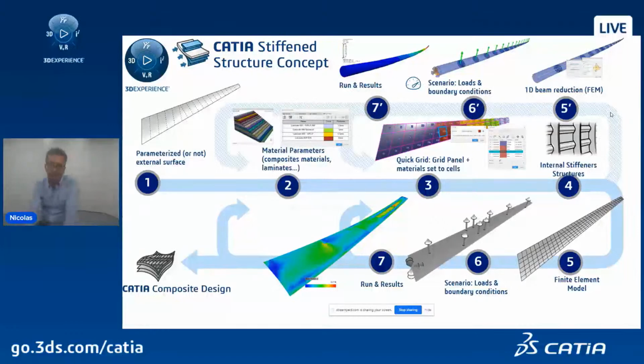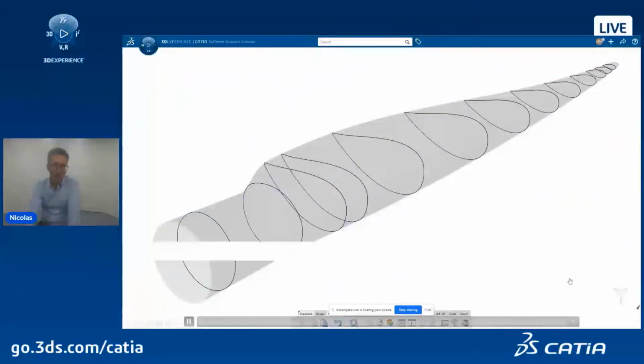I'll show you in a bit more detail how we reduce into an equivalent beam that would be much faster to solve, and then to converge, we would go back to our 2D definition, and that should speed up the process very much.